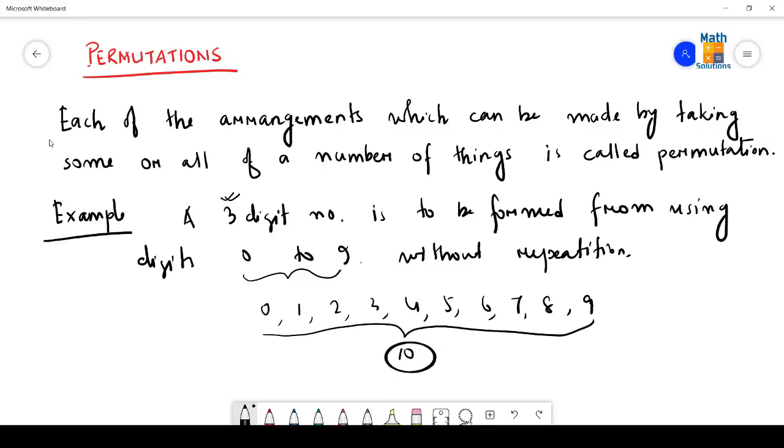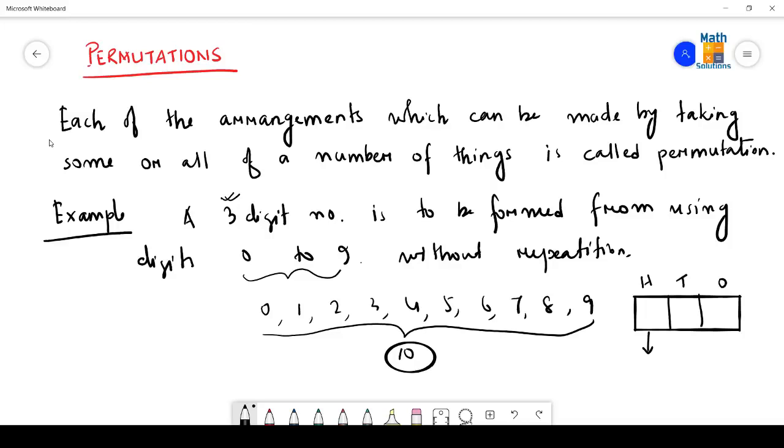So what shall I do here? I have to construct a 3-digit number. Say this is the hundreds place, this is the tens place, and this is the ones place. We all know that in a 3-digit number, if I put 0 in the hundreds place, it will ultimately become a 2-digit number, because 0 in the hundreds place is meaningless.